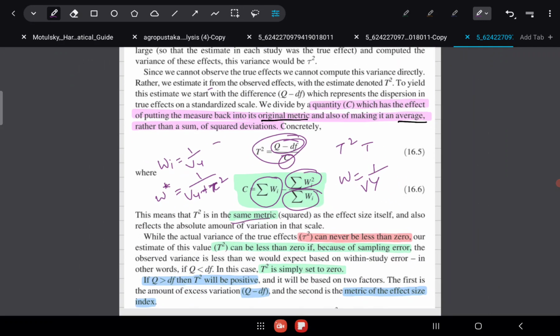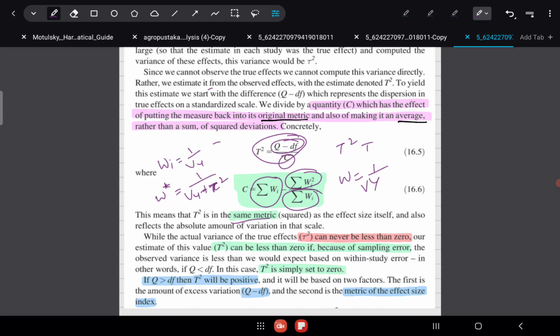First, it is on the same metric, though tau square will be on the squared metric and tau will be on the same metric. And second, it is an average, not a sum. These two properties make it a very intuitive statistic.